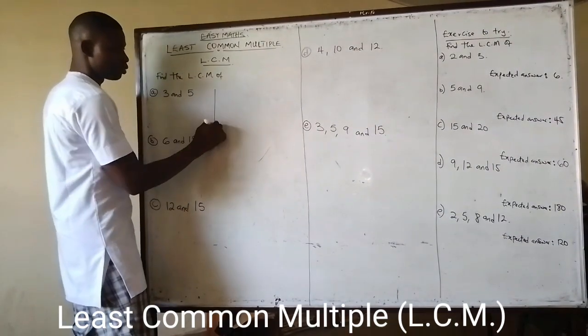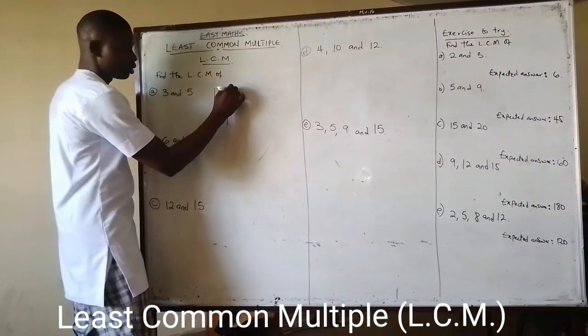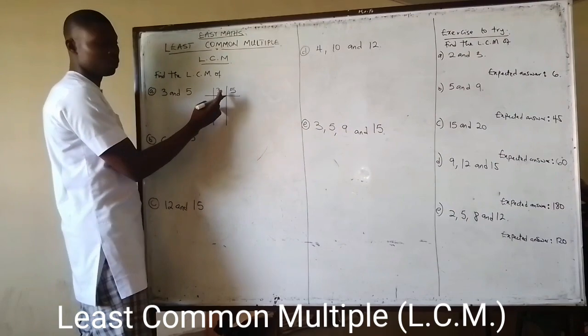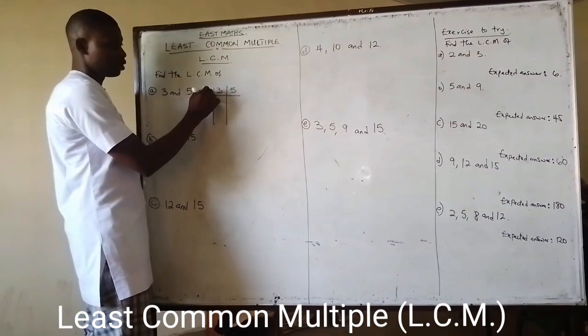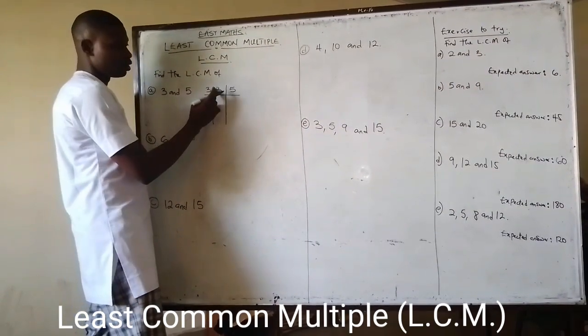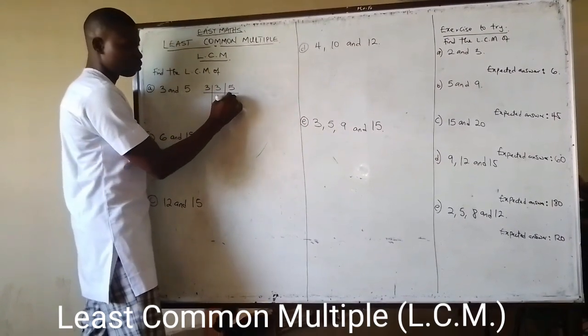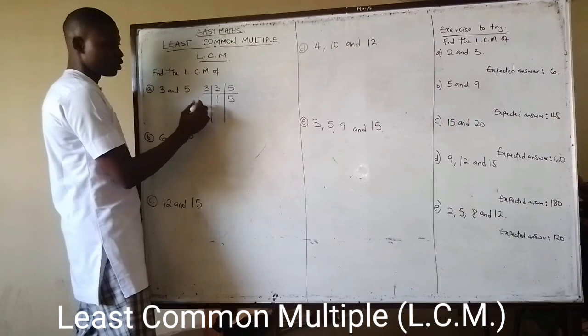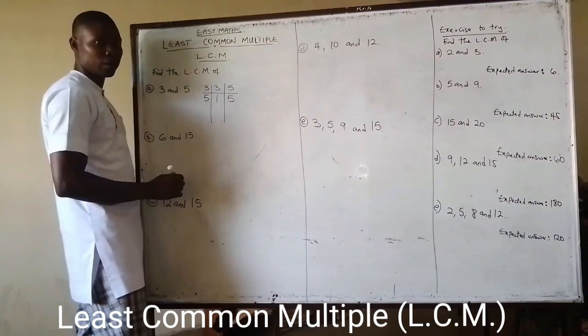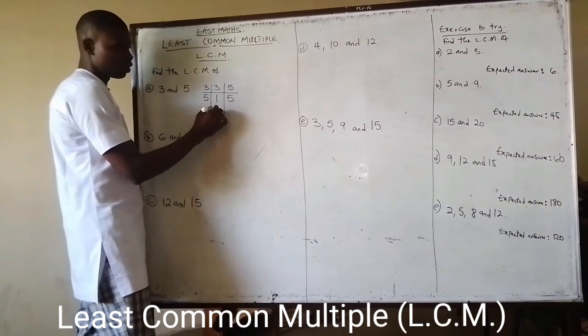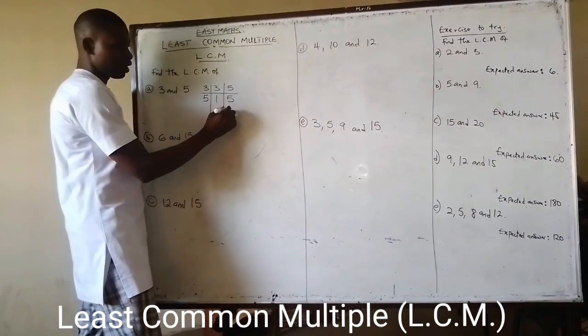So to start, we say this is 3 and 5. What can go in 3 or 5 is 3. 3 in 3 will give us 1. 3 in 5 cannot go, because of that we bring down 5. What else can we use now? We can use 5. 5 in 1, we've already gotten our 1. 5 in 5 is 1.